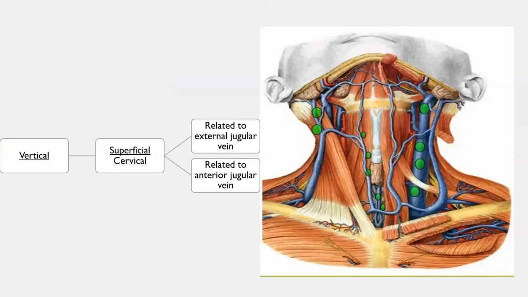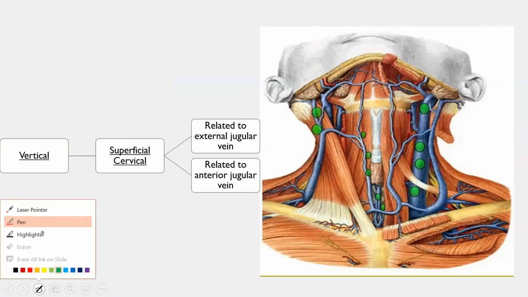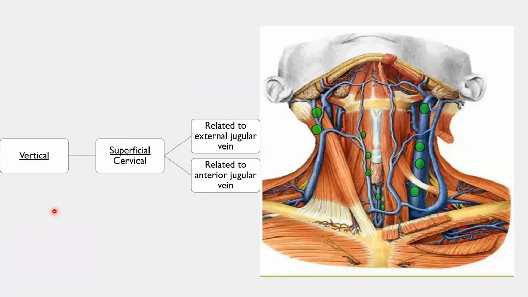Okay, so this picture shows the superficial cervical lymph nodes. These are the anterior jugular veins. Along them, you have the anterior superficial cervical lymph nodes, and superficial to the sternocleidomastoid, you have the external jugular vein, and along it, you have the external superficial cervical lymph nodes.